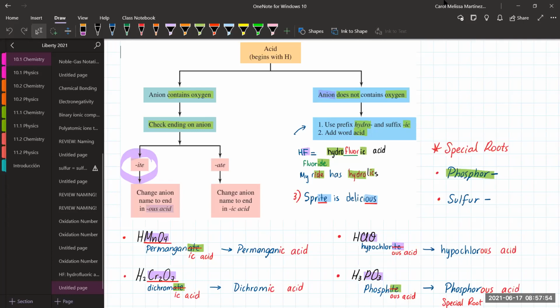So it doesn't matter what path you choose in the end, whether you use the chart or the mnemonics, the naming part needs to be correct. But you need to be careful with phosphorus and sulfur, because the two of them have special roots for acids, okay? Remember, these are for acids. For other kind of compounds, it's gonna be different.